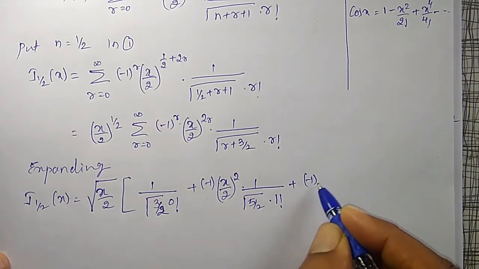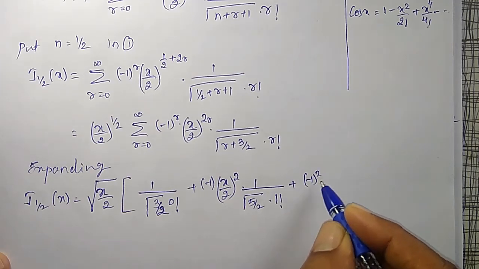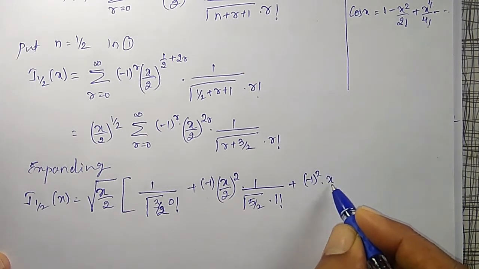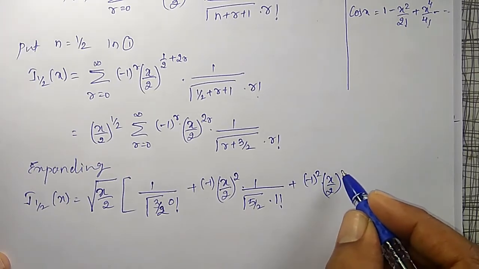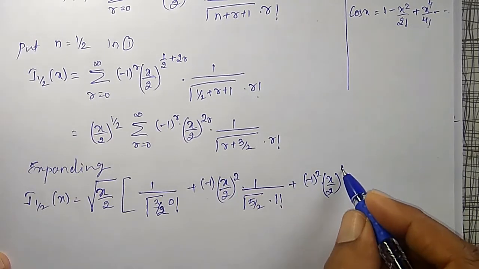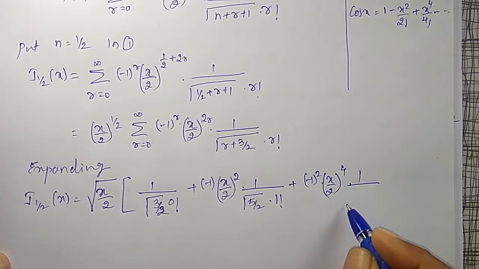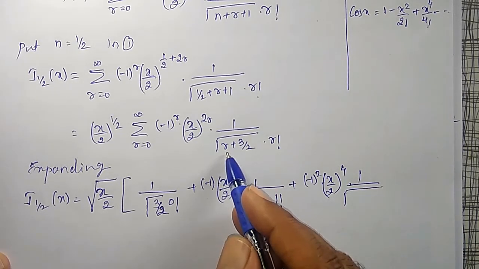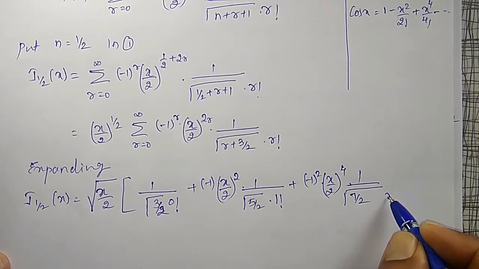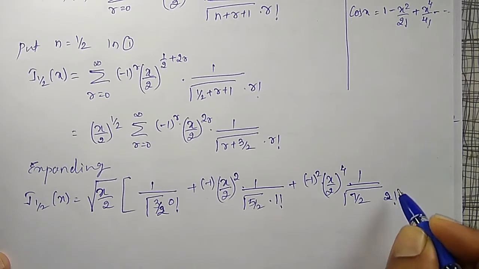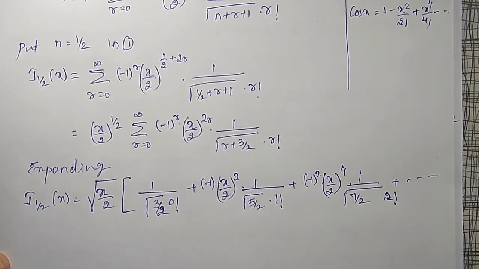Plus minus 1 to the power 2 becomes plus 1 into x by 2 to the power 4 for r equal to 2, into 1 divided by gamma function of 2 plus 3, 7 by 2, into 2 factorial, plus so on. Next terms will come similarly.